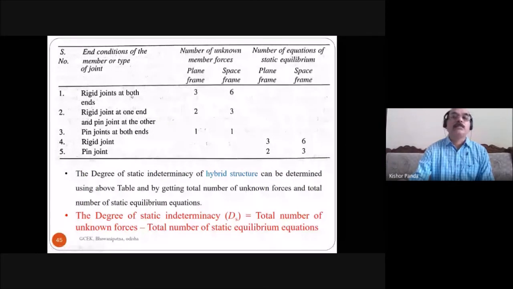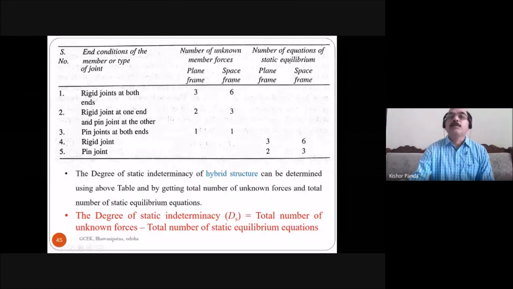Both ends rigid joint means you have to take plane 3, space 6, and one end rigid, another end pin, so plane 2 and space 3, and both ends pin jointed, so for plane frame you have to take the number of unknown member forces 1, and for space frame also 1.